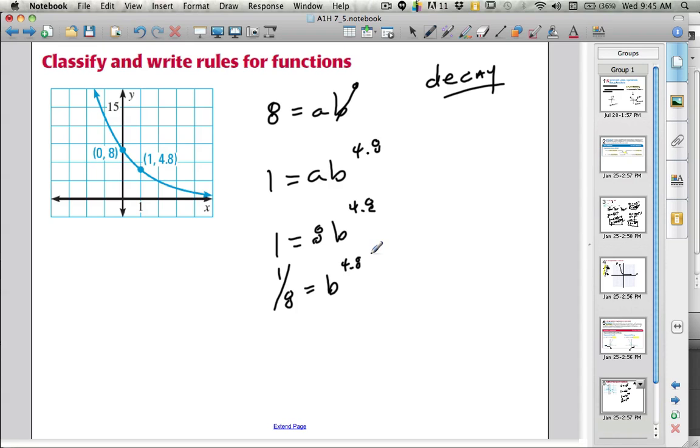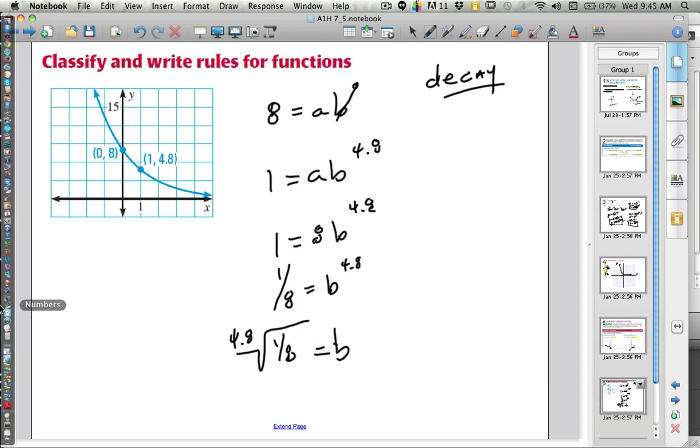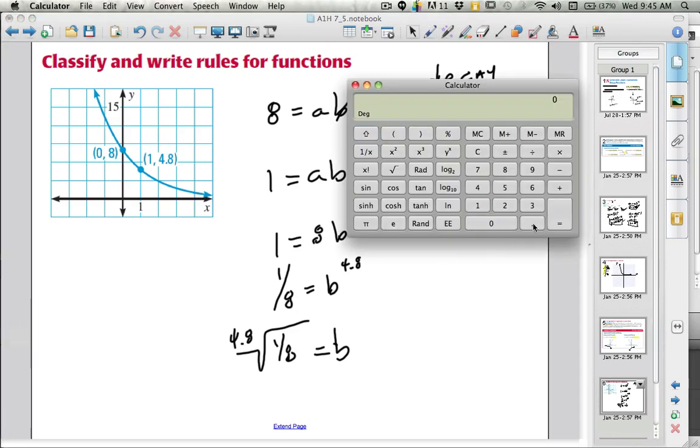So I'd want to go ahead and find a value of b that would equal this. So what I would want to do is take a root of either side. The 4.8th root of 1/8 would be equal to b. That's a little complicated to do, but I can do that.